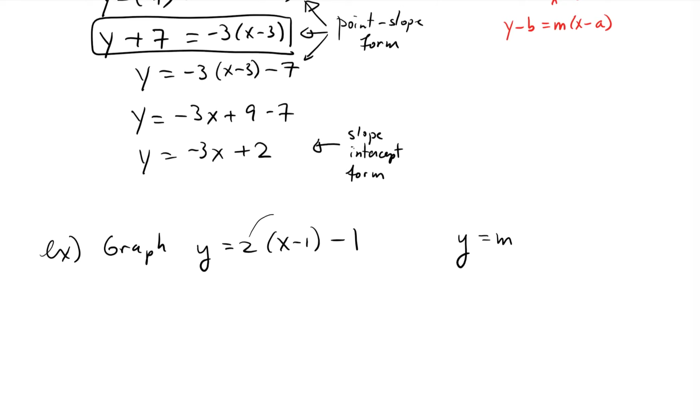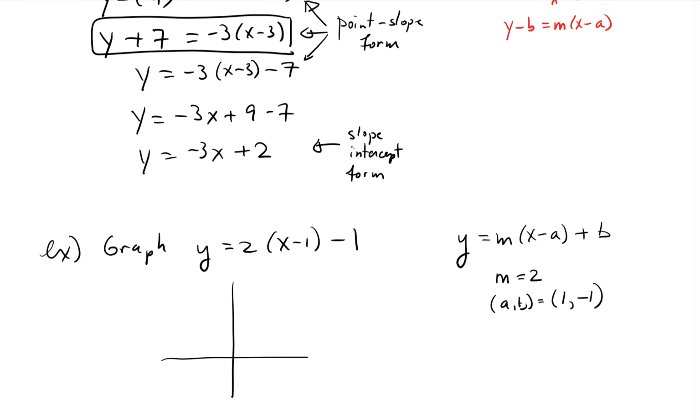If I expand it, what's going to multiply x is that 2, so that's going to be my m for sure. So m times (x minus a) plus some b. So I can see that m here is 2 and a point on this line is (a, b), which is (1, -1).